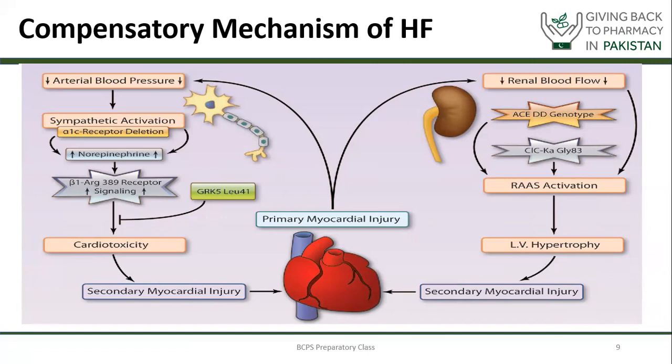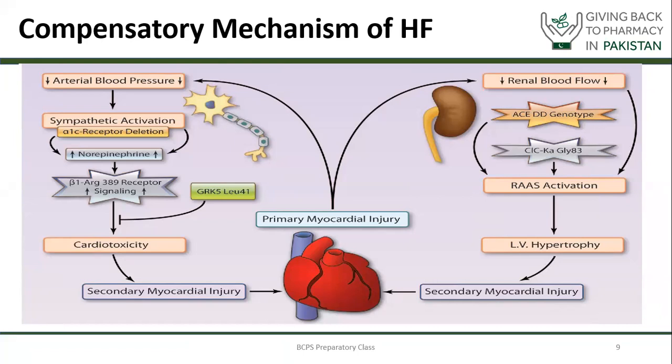Because in the natural way, when the volume of the blood in the body decreases, like there is bleeding or there is dehydration, these natural mechanisms are actually there to compensate those problems.